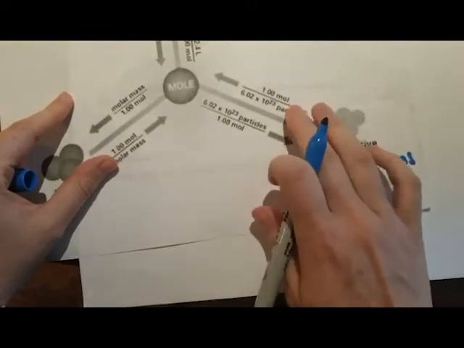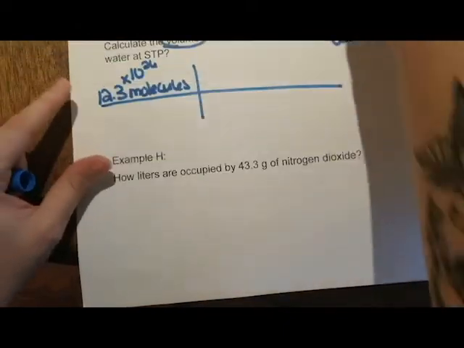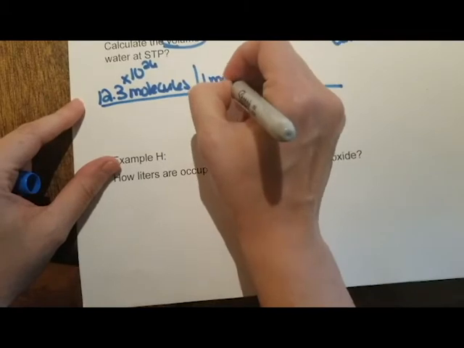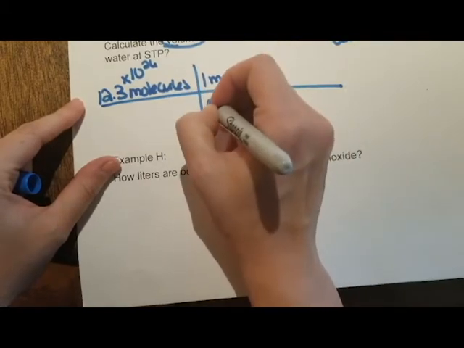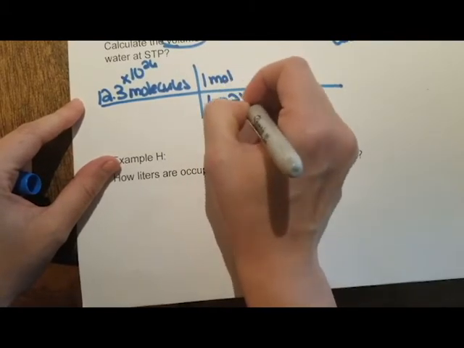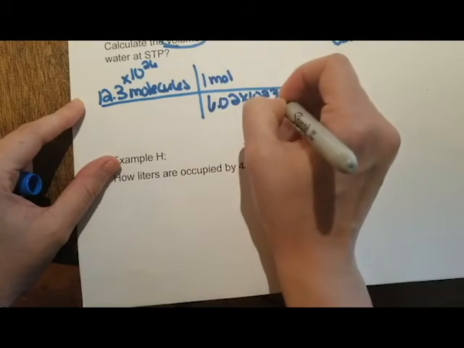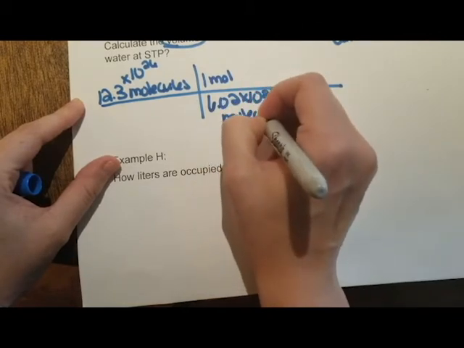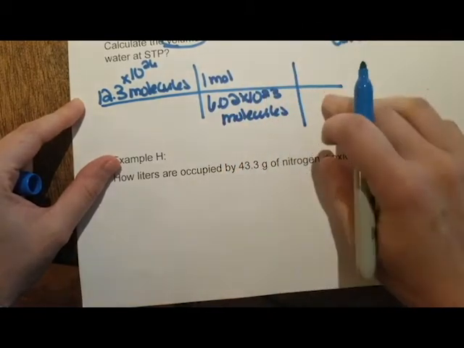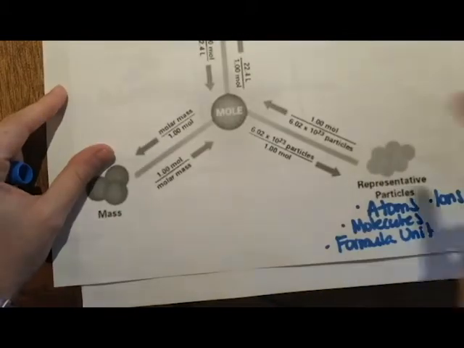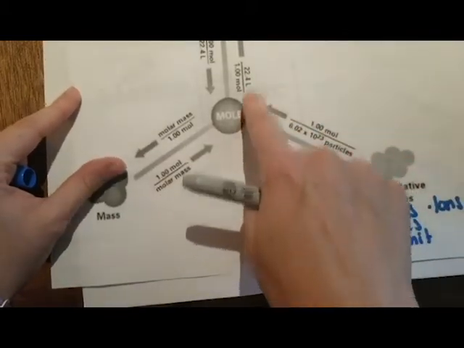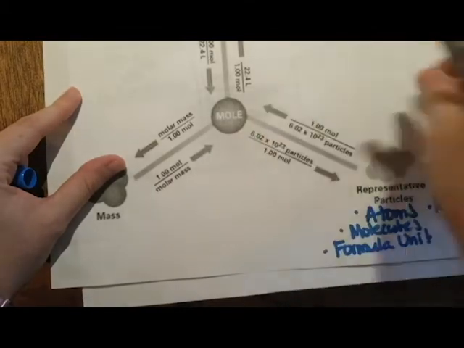So again, that's this conversion factor right here, 1 mole over Avogadro's number. And then I need my last conversion factor. I've already gone into moles, so now I need to go up into volume of gas, 22.4 liters over 1 mole.